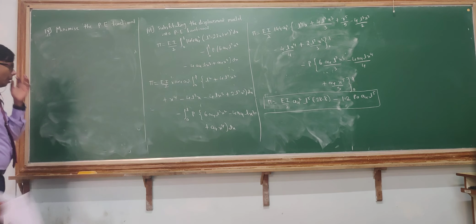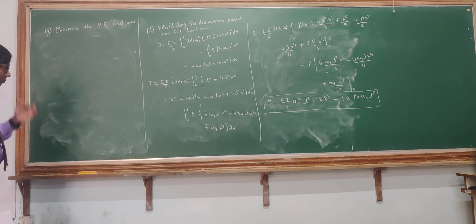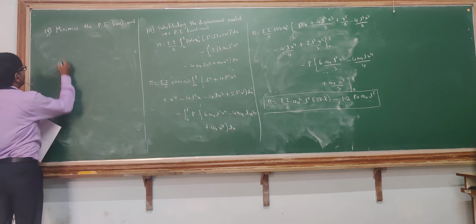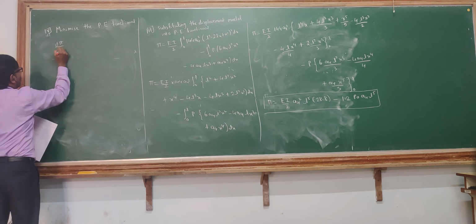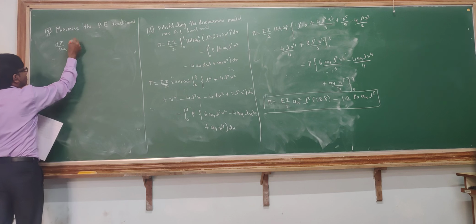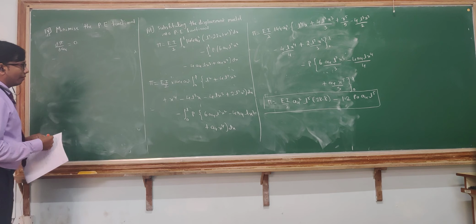So when you minimize it, you will be getting dou pi by dou A4 should be equal to 0. That is the minimizing condition.